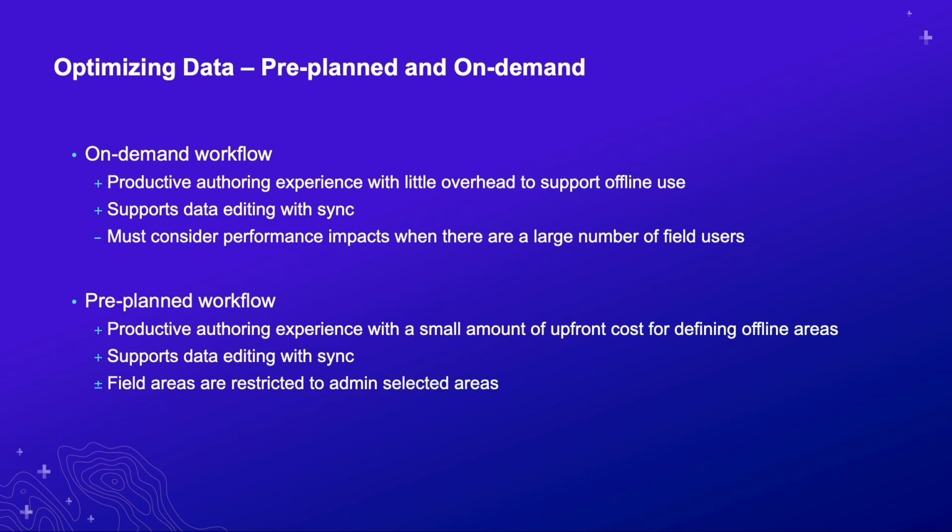The pre-planned workflow is what should be considered. This is where the author of the map or the administrator of the organization can select several areas, and you can create the offline map packages upfront. And these are stored on the server, ready for download when the users come into work.